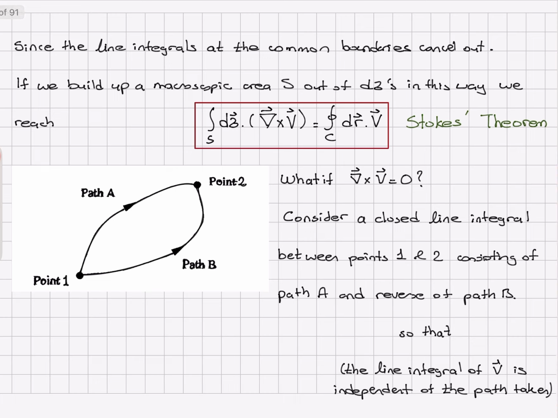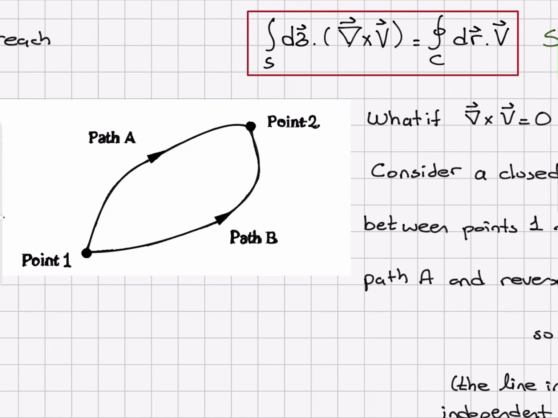All right. Now what happens if the curl of V is equal to 0? Let's consider a line integral between points 1 and 2 consisting of path A and path B, and let's write the condition that the curl of V is 0.